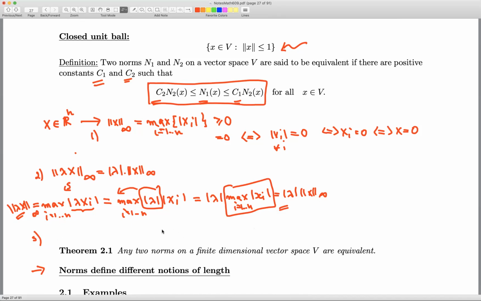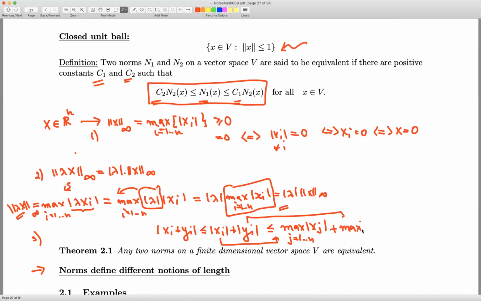In order to show the triangle inequality, let's first use the fact that the absolute value of xi plus yi, which is a triangle inequality between numbers, is less than or equal to the absolute value of xi plus the absolute value of yi. xi is a fixed coordinate of your vector, and therefore the absolute value of xi is less than or equal to the maximum of the absolute values of all coordinates xj over all j from 1 to n, and the absolute value of yi is less than or equal to the maximum of the absolute value of yj for all j from 1 to n.